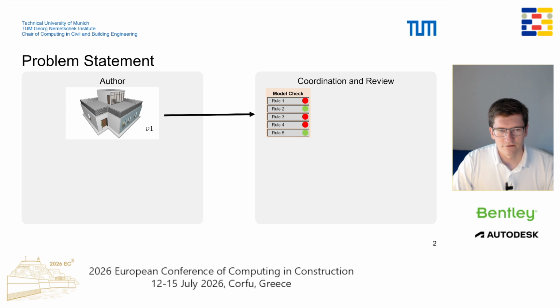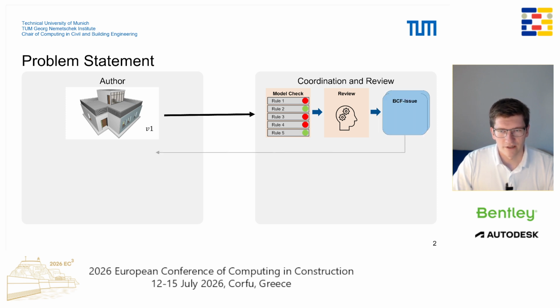The BIM coordinator then uses established software products like Solibri and sets up a couple of rule checks that should be performed. The model is then assessed against these rules, and afterwards the BIM coordinator has to manually review the results of these rules and decide whether we need to create some BCF issues or topics that need to be incorporated into the design.